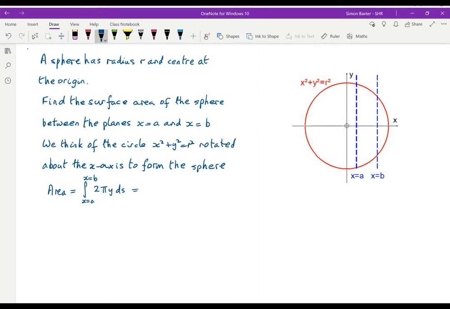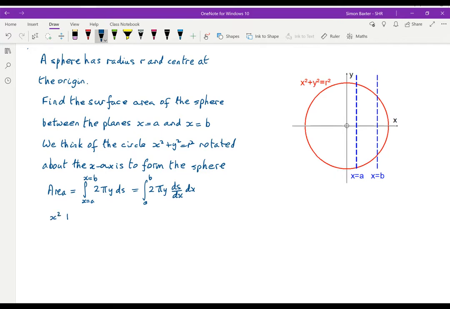And as this is the Cartesian case, we're looking for the integral 2 pi y ds by dx dx. Now I can just write a and b because I've written dx. So we need ds by dx. ds by dx is root 1 plus dy by dx squared, so we need dy by dx.